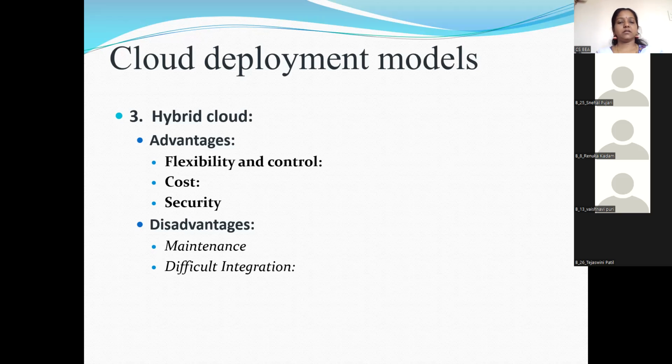And second is difficult integration. That means when constructing a hybrid cloud, the data and application integration might be difficult. It is also true that combining two or more infrastructures will offset a significant upfront cost. So we can say that it is difficult to integrate this.